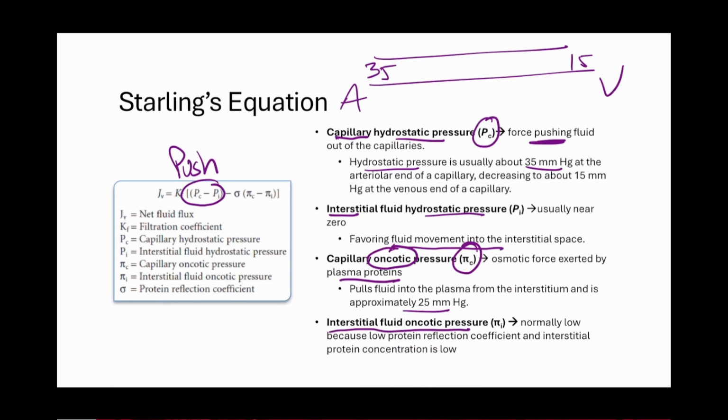It's much stronger than the suck with the proteins, and you fill with fluid. So when hydrostatic pressure starts to go up, that's going to push fluid out. But what keeps our volume stable is the oncotic pressure. So remember, oncotic is the suck, hydrostatic pressure is the push.